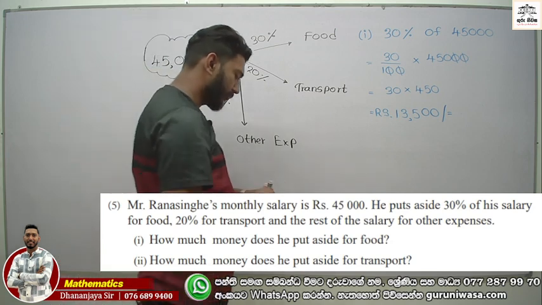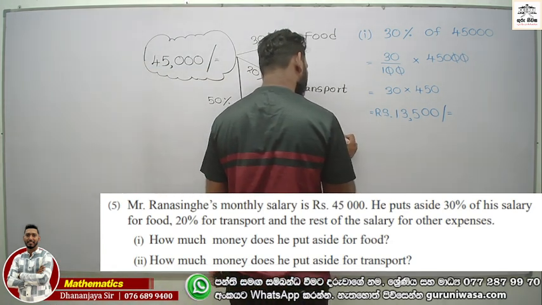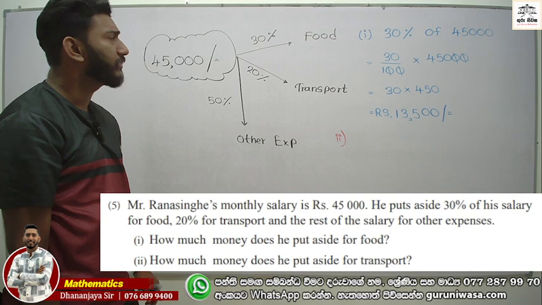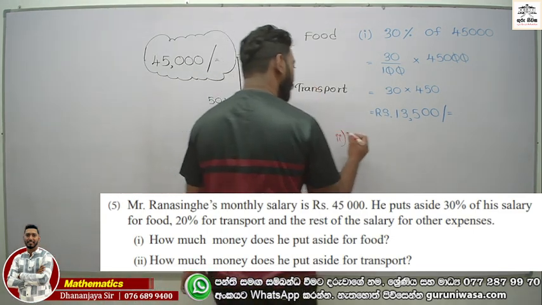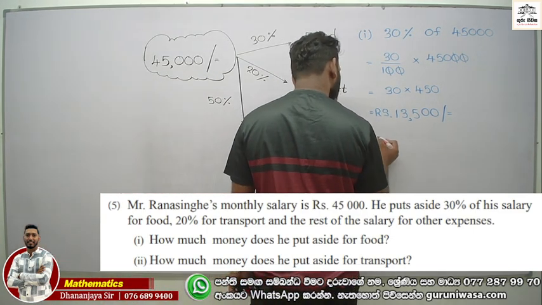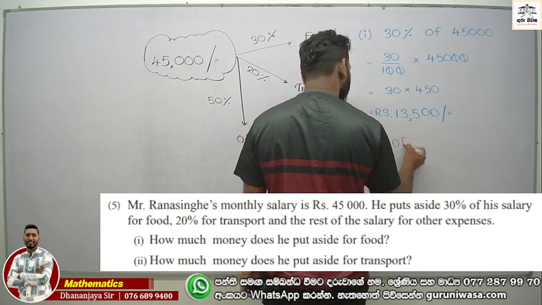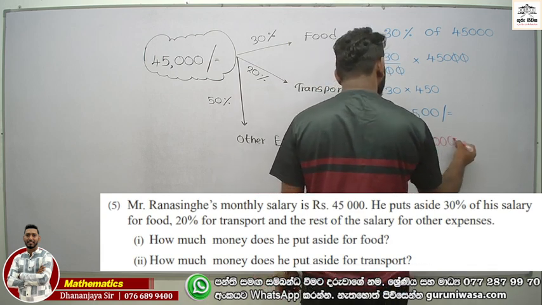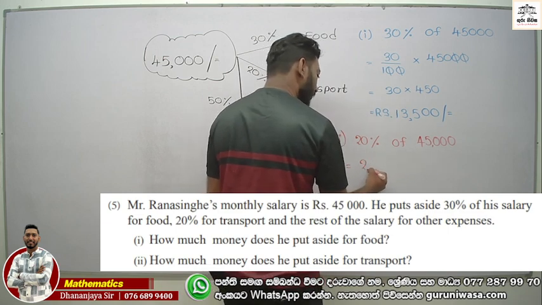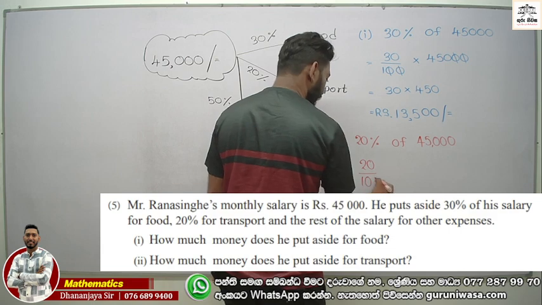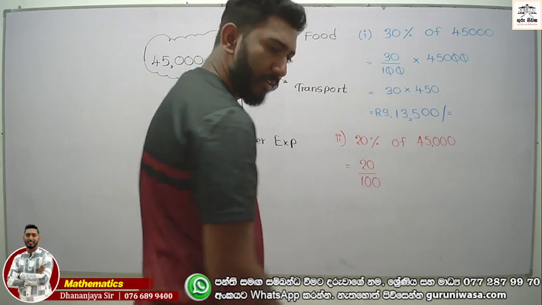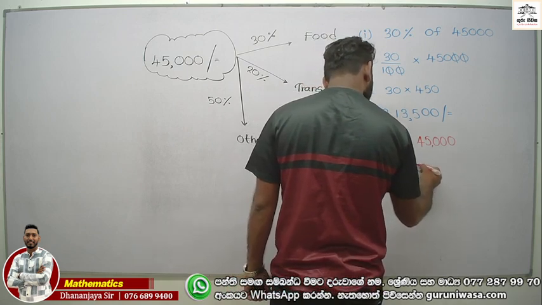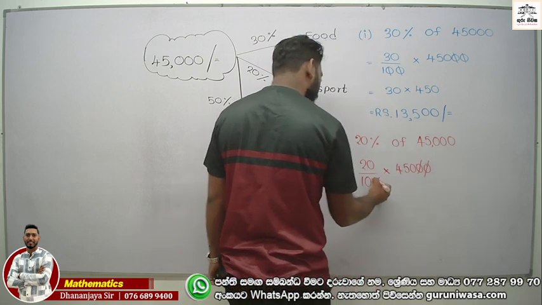Now, Roman number 2. How much money does he put aside for transport? Transport, 20%. 20% of the monthly salary of 45,000. You can write 20% as 20 out of 100, multiplied by 45,000.